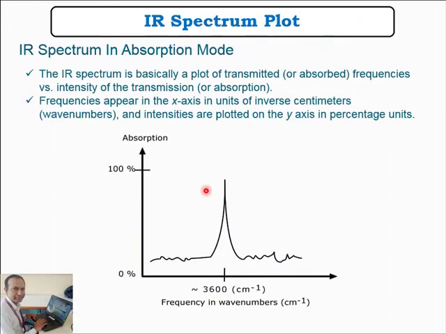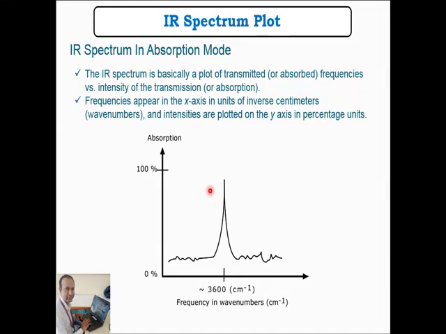After the detector, we have the last part, that is a recorder where the actual IR spectrum is visualized. So an IR spectrum is basically a plot of transmitted or absorbed frequencies versus the intensity of the transmission or absorption.